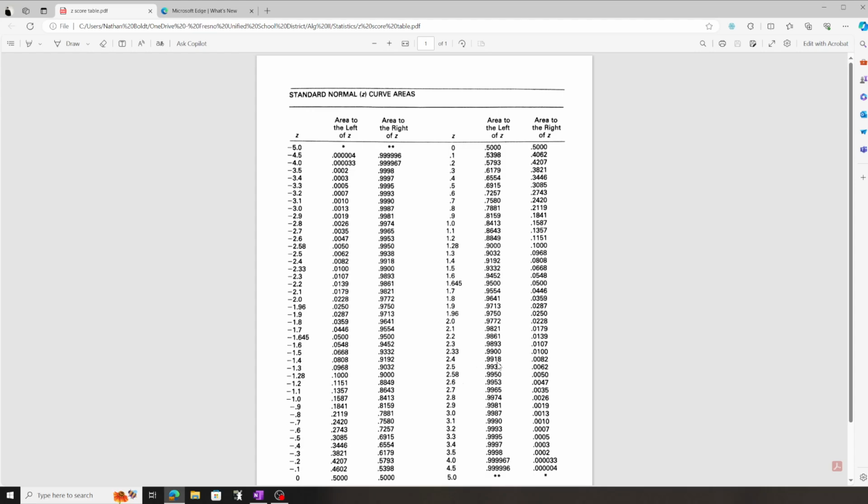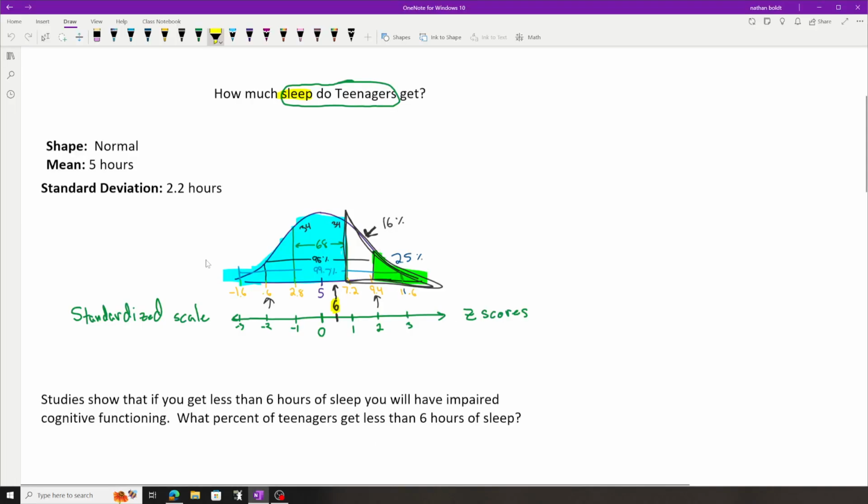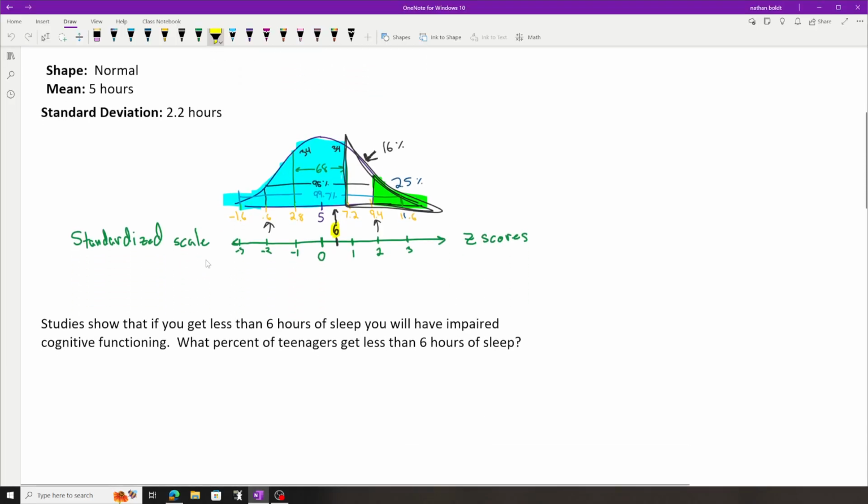This is a table of z-scores and the area to the left and to the right of them. So what we're going to do here is find the z-score for 6 hours of sleep. It will be 6 minus the average divided by the standard deviation. We'll find that z-score and look it up on our table.